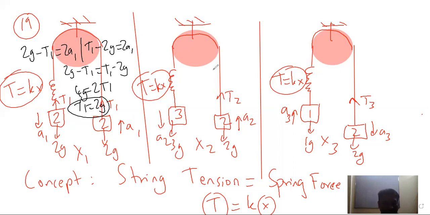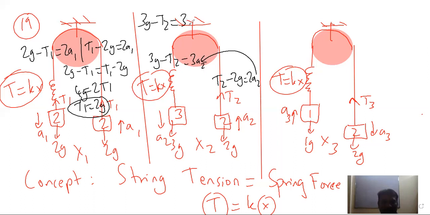In the second case, let us try to find the value of tension. So T2 minus 2G is equal to 2A2. Here we have 3G minus T2 is 3A2. If I consider these two equations, let us substitute the value of A2 here. So 3G minus T2 is 3A2, which is 3 times (T2 minus 2G) upon 2.